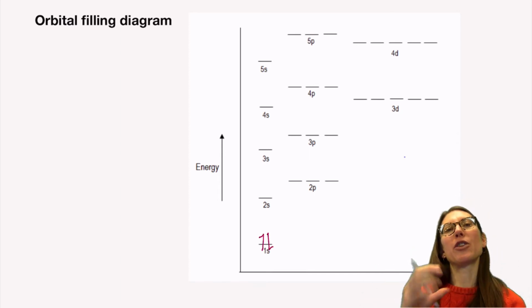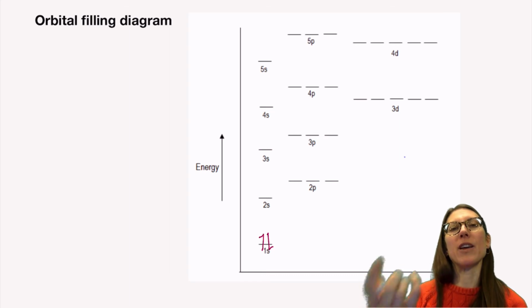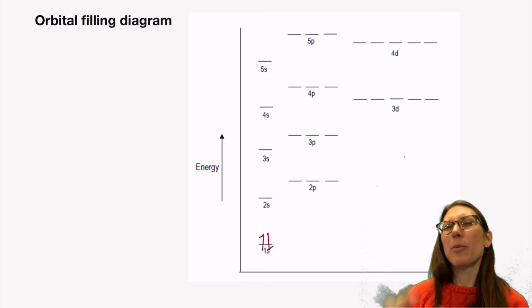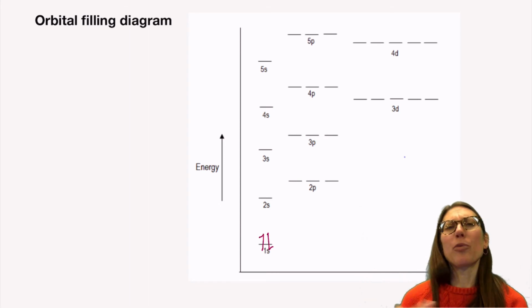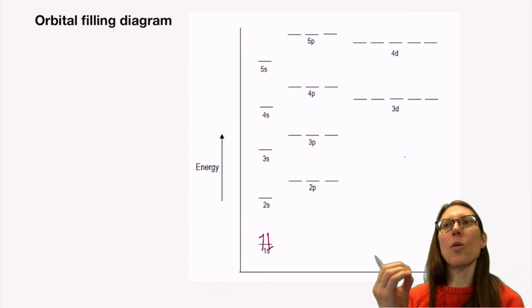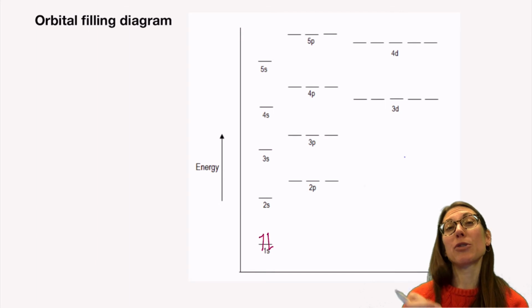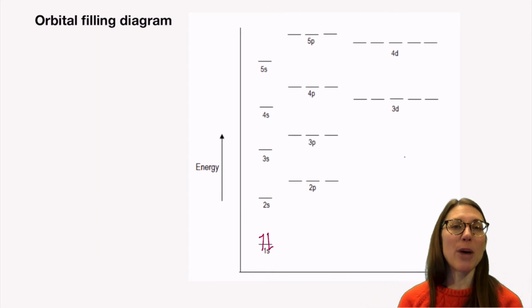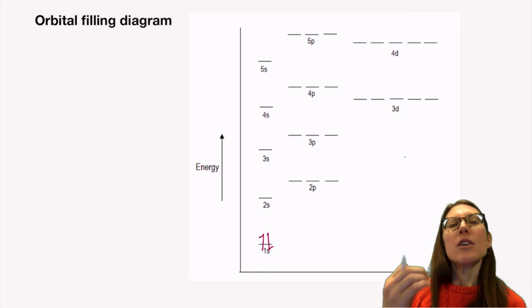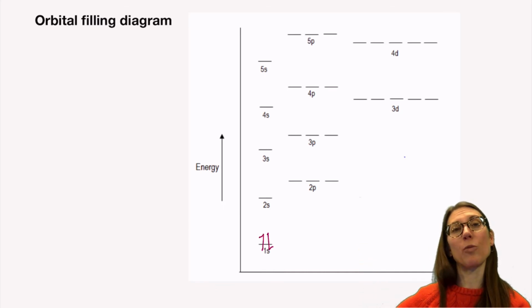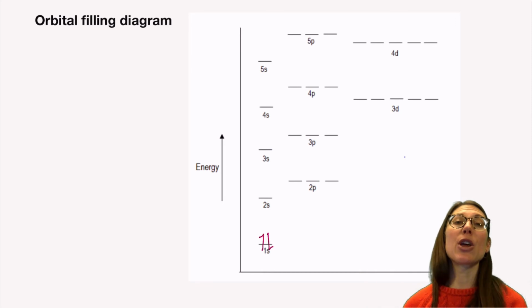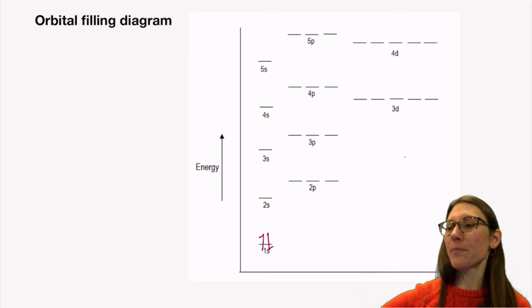Those represent the 2 different electrons that can fit into an orbital, because electrons have this property called spin. I told you could fit a maximum of 2 electrons per orbital. One has to go spin up, one has to go spin down. So let's take a look at the rules for placing electrons into these orbital filling diagrams, because there are 3 of them that will help us along the way.